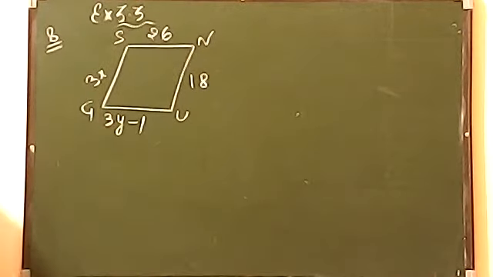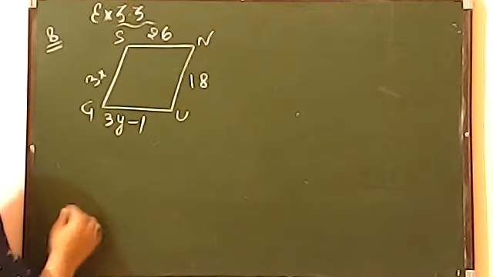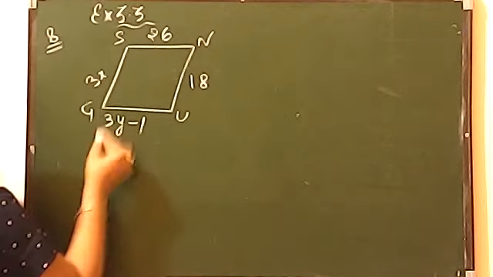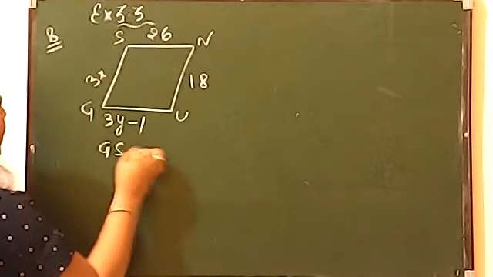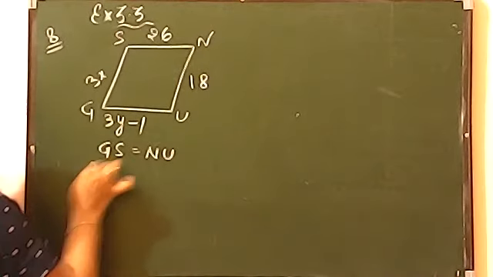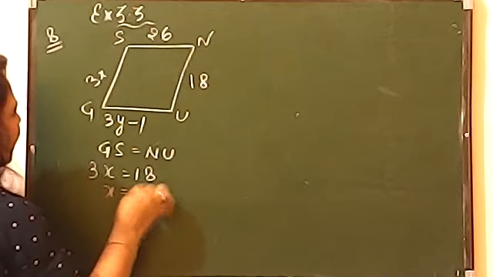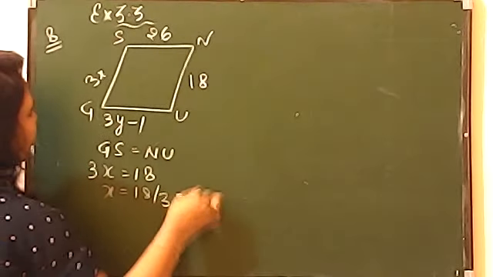So if you know this is a parallelogram, according to the rule of parallelogram, opposite sides are equal. So opposite sides are equal means GS will be equal to NU. And दोनों ये आपस में equal हैं, it means 3x will be equal to 18. So the value of x will be 18 by 3, that will give you 6.